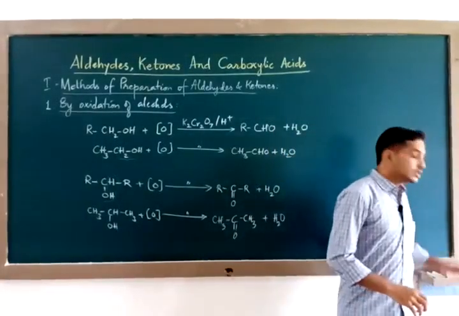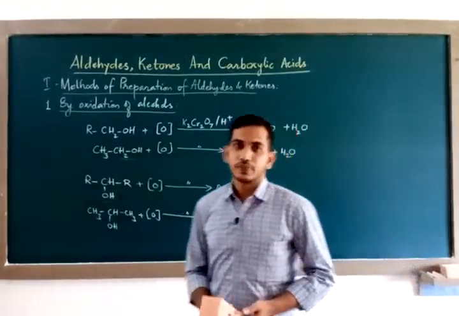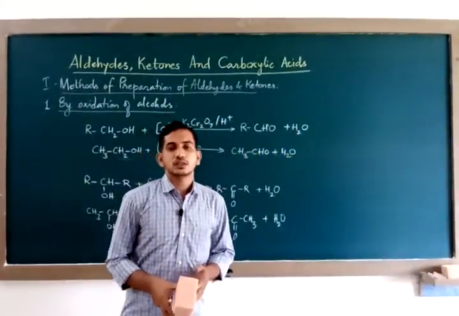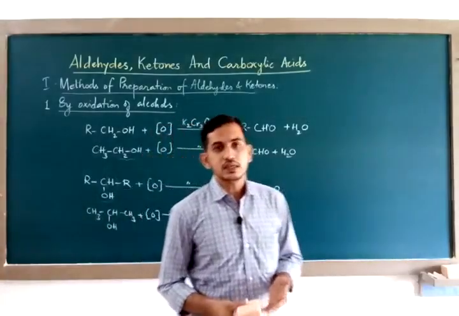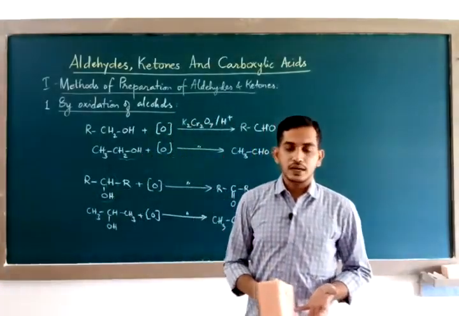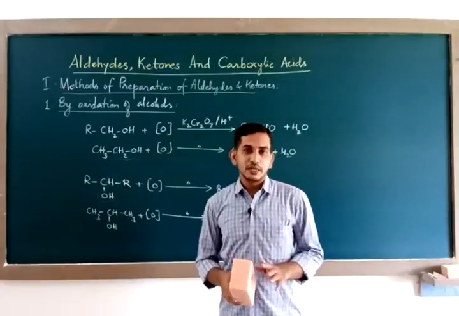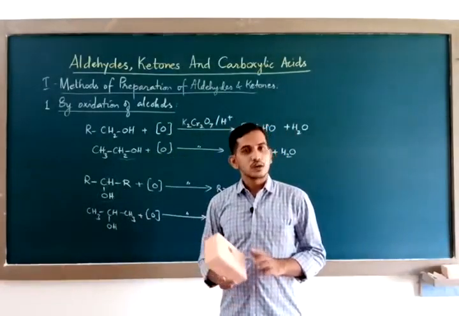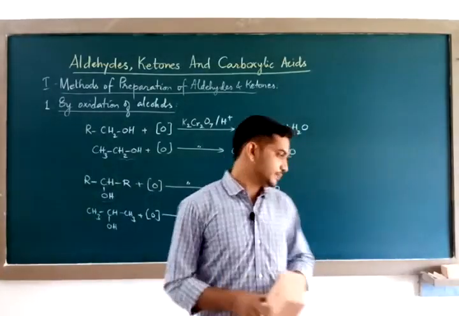So this becomes your first method of preparation, that is by oxidation of alcohols. Whenever alcohols are oxidized using acidified potassium dichromate as an oxidizing agent, you will get aldehydes or ketones. Always remember, oxidation of primary alcohols will give you aldehydes, oxidation of secondary alcohols will give you ketones.